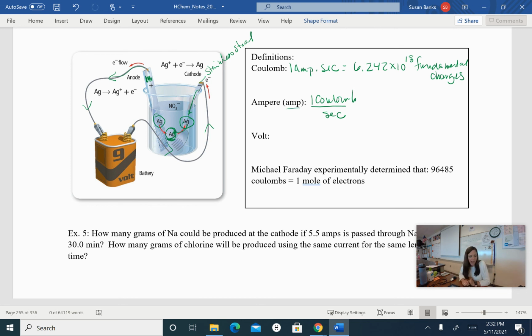And then we have volt, which is what you're probably used to. You need a 9-volt battery, right? Or there's 120 volts in the electrical circuitry here in the United States. Volts are joules per coulomb, so energy per coulomb. If we break it down into fundamental units, it's kilogram times meter squared over amp over seconds cubed.